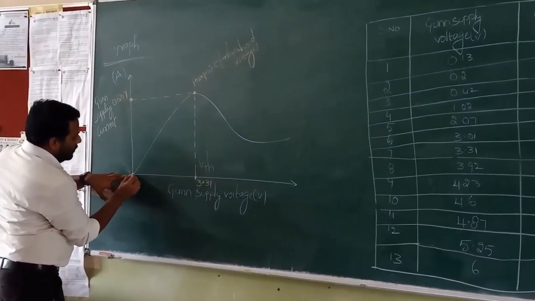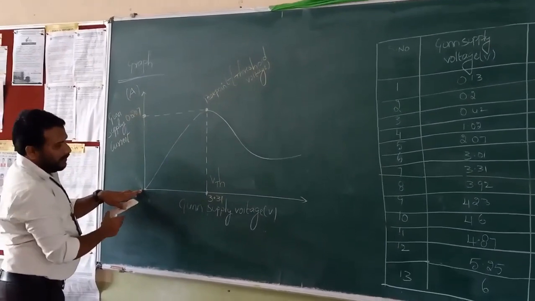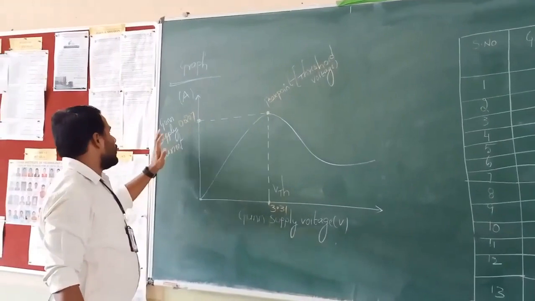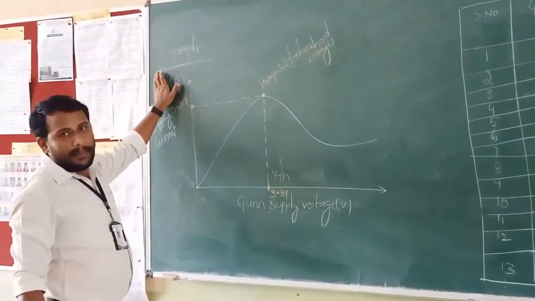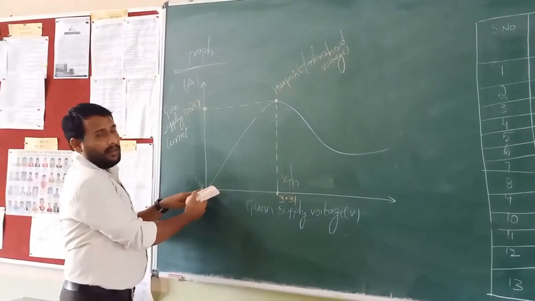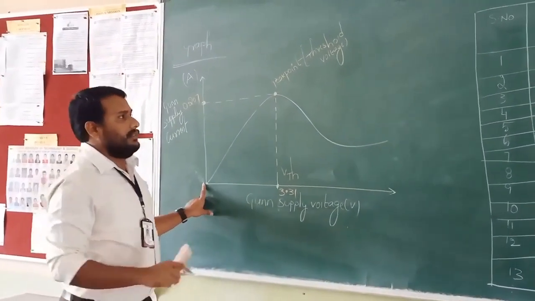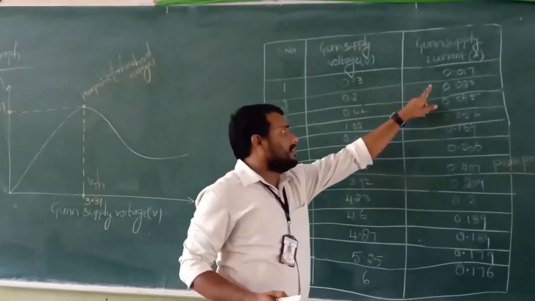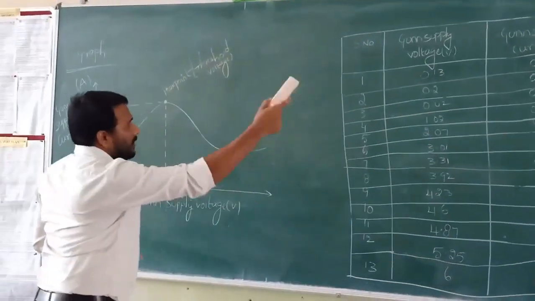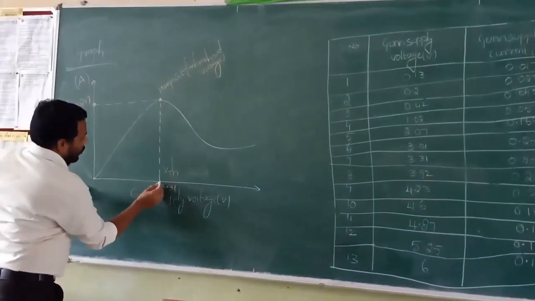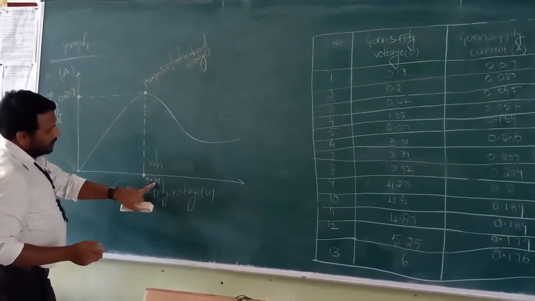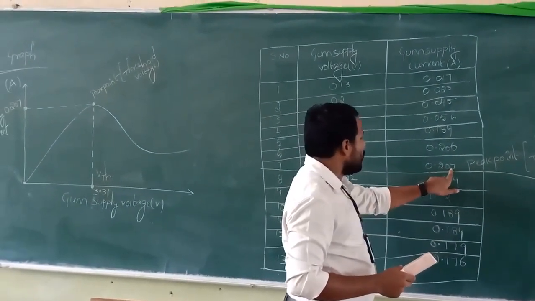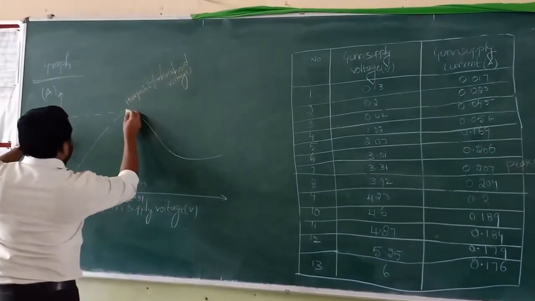Initially the current is 0. I have taken the graph between gun supply voltage versus gun supply current in amperes. By varying the gun bias voltage knob, for the first voltage 0.13 we got 0.017. At 3.31 volts the reading is 0.207, so that is the peak point.